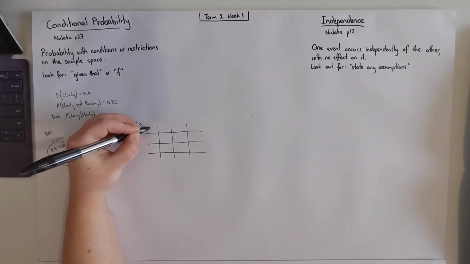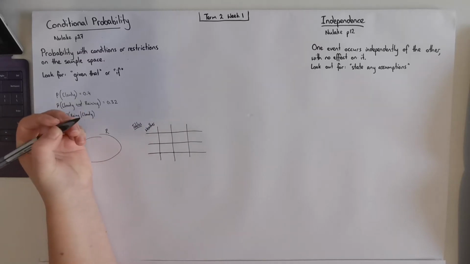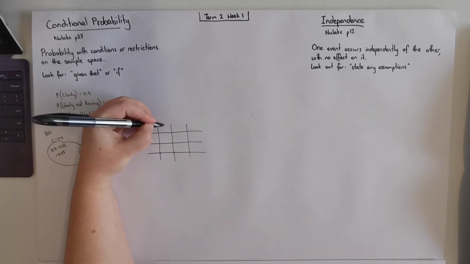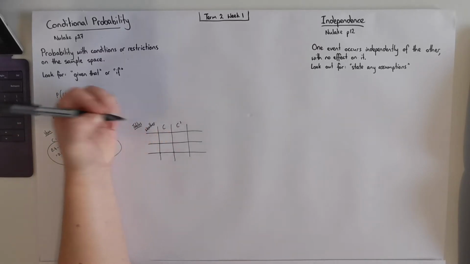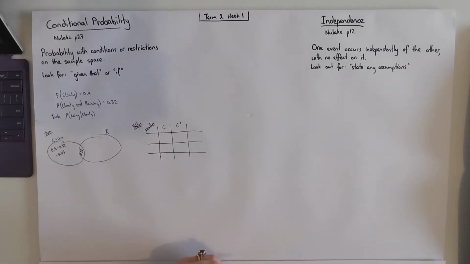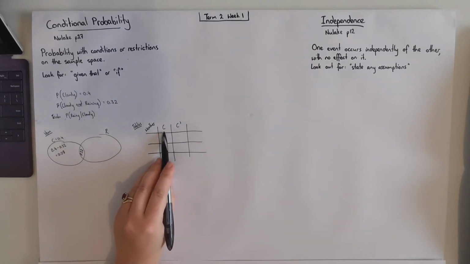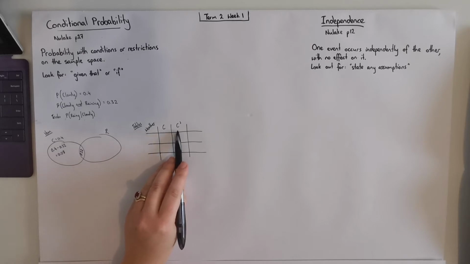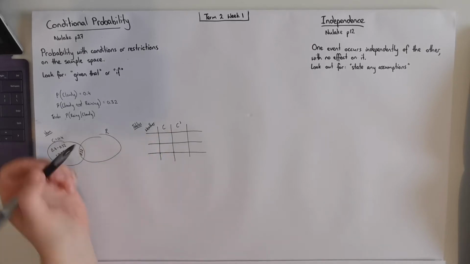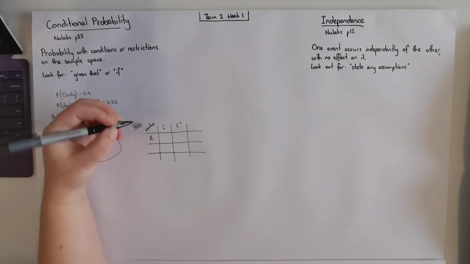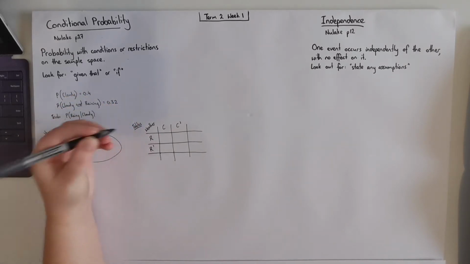Now, overall, we are looking at the weather. I might use the notation C and the complement of C for cloudy over here in the left column, and not cloudy, which is the opposite or the complement. Likewise, rainy or not rainy.